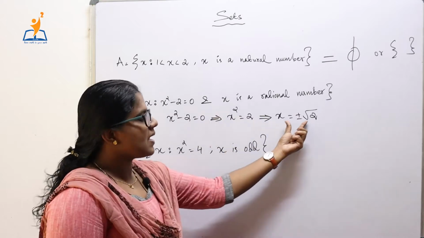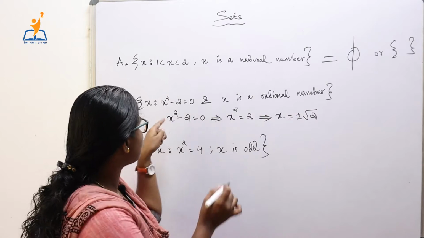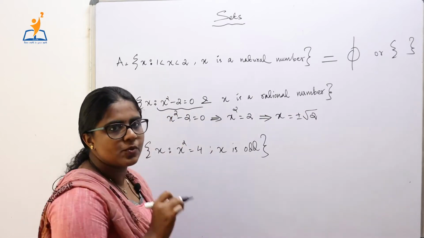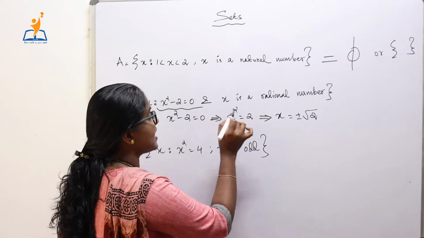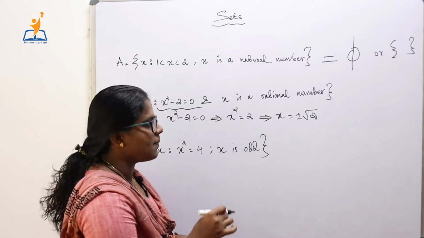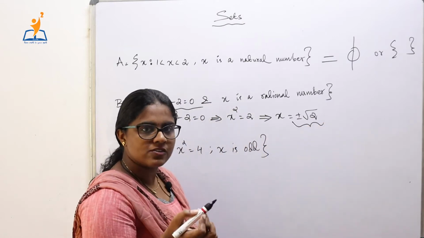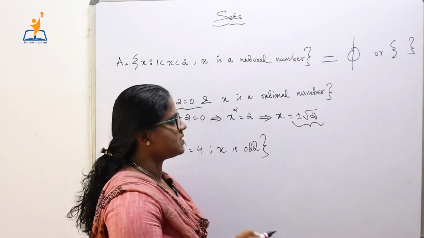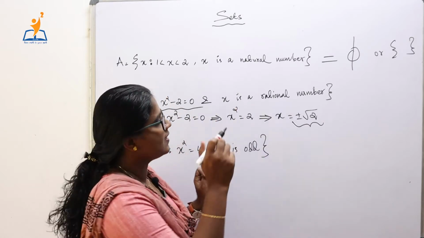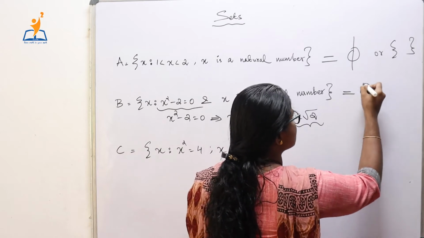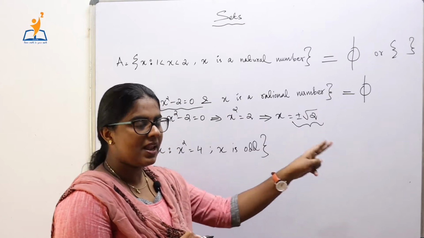So plus root 2 and minus root 2 are the x satisfying the condition x square minus 2 equals 0. But we have one more condition, that x is a rational number. It is clear that both plus root 2 and minus root 2 are irrational numbers. Therefore, there is no number satisfying this condition, which means set B is also an empty set, and we denote it using our symbol phi.